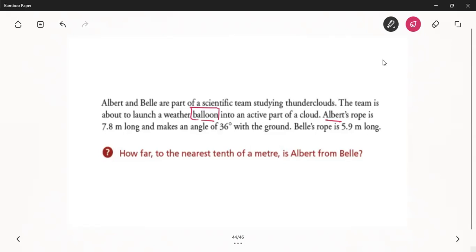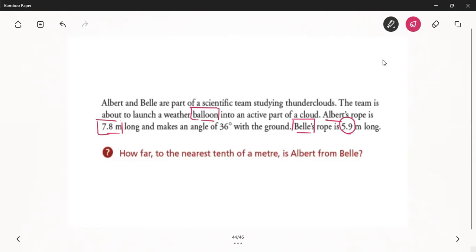Albert has a rope which is attached to the balloon. And the length of the rope is how much? 7.8 meters. And at the same time, Bell is doing the same thing, but Bell's rope attached to the balloon has a length of 5.9 meters.